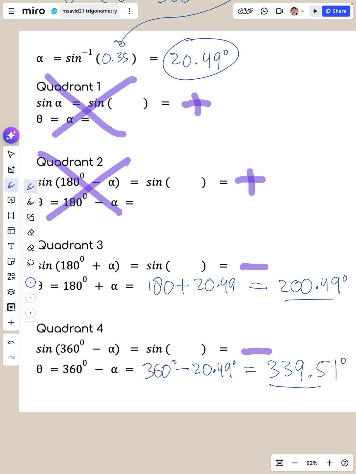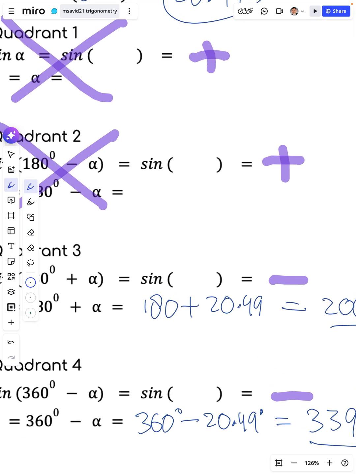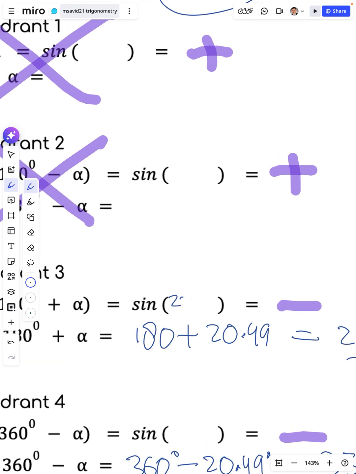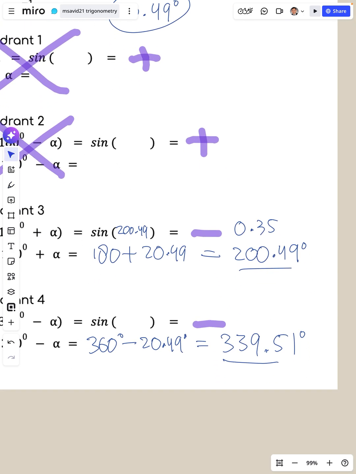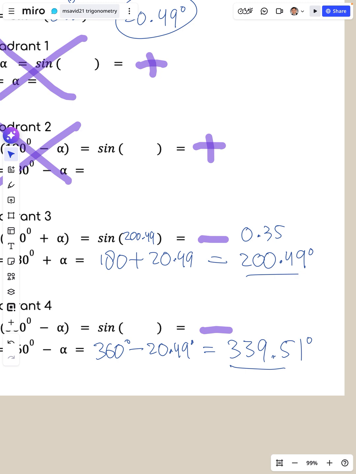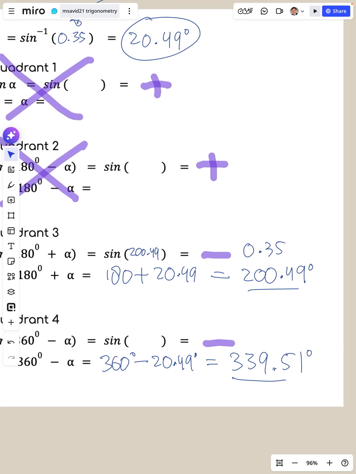But just in case you want to check, we use our calculator. Sine 200.49. We press sine 200.49, negative 0.35, which is what the question asks. We check quadrant 4 also, sine 339.51.